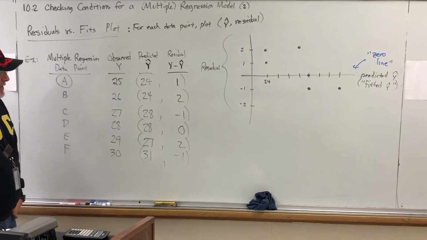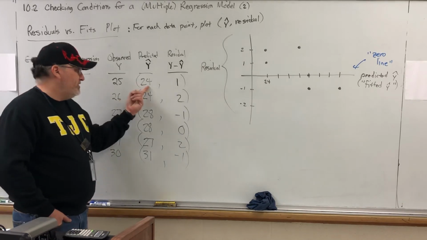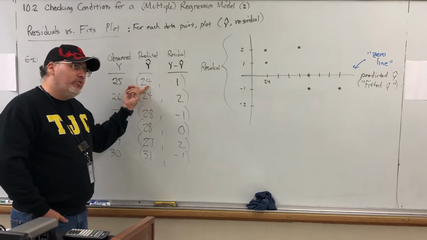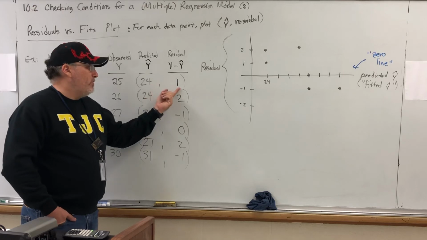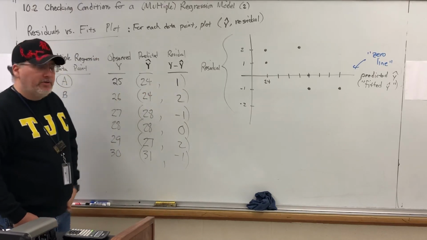By plotting the ordered pairs for each data point, what was the predicted y value based on the regression equation, and what was the residual based on what we observed minus what we predicted.